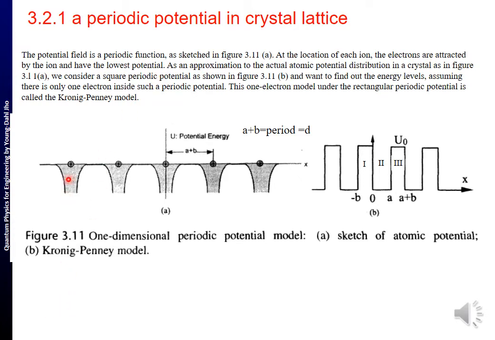There might be many electrons, but let's just consider a single electron for now. Let's say we have an electron here. The electron is originally detached from the atom, so the atom now becomes the ion.